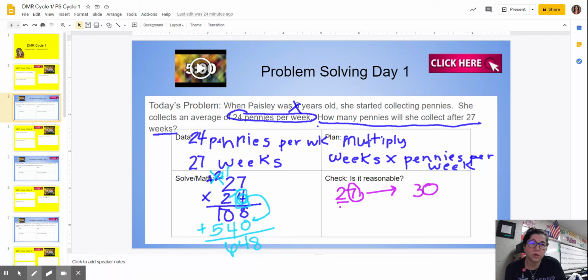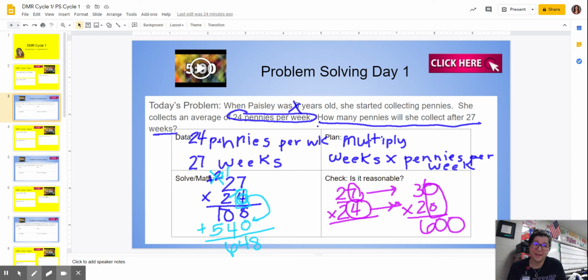And then my 24 would just round down to 20. And then I've got my double trailer zeros again, right here. So I'm just going to put those down there. And then 2 times 3 is 6 for 600. 648 to 600, is that reasonable? It actually is. It's in a good range. And so we have a reasonable answer.